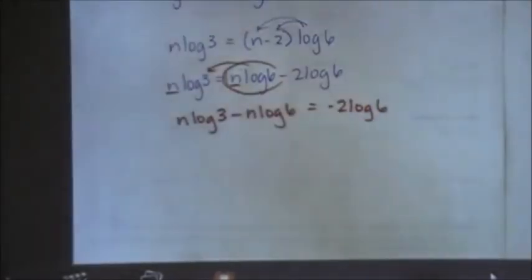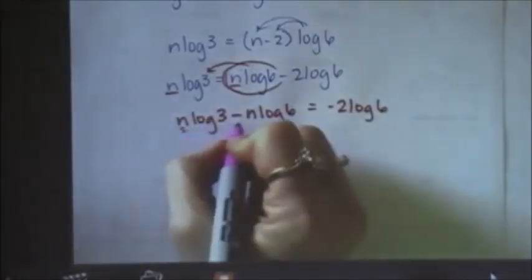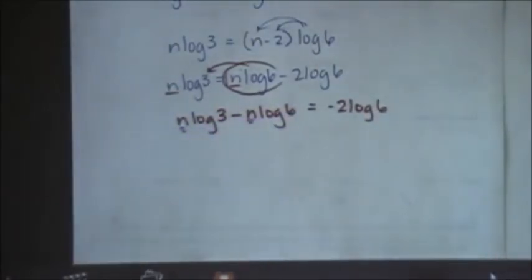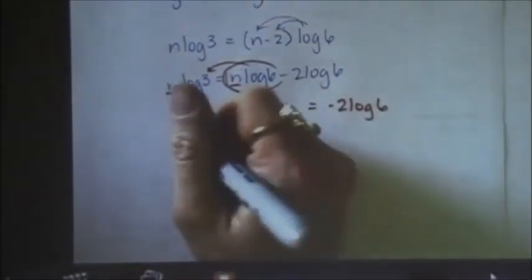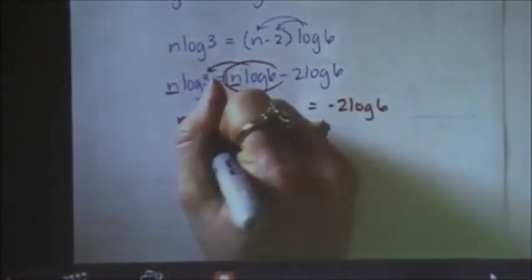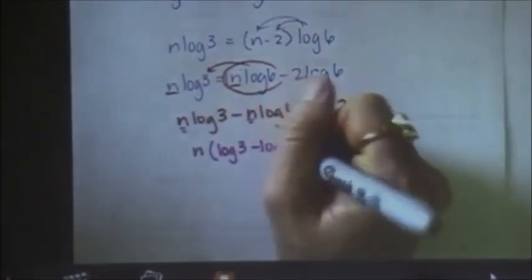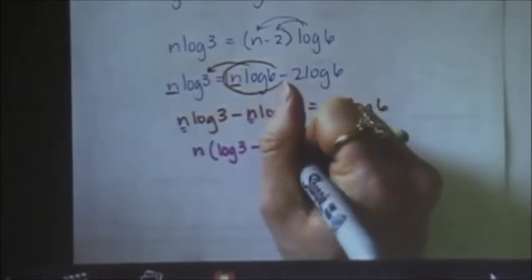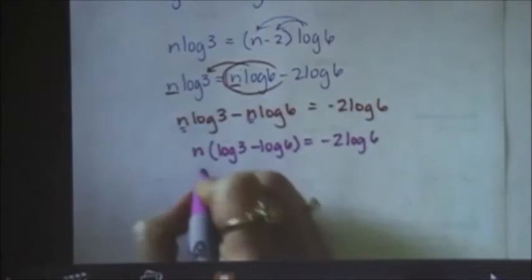Now, this is a tricky little step right here. I have 2 n's, and I can't combine these two because the arguments aren't the same. The only thing I can do is undistribute that n, or factor out n. It's like a GCF. So now I have n in front of parentheses (log 3 minus log 6) equals negative 2 log 6.